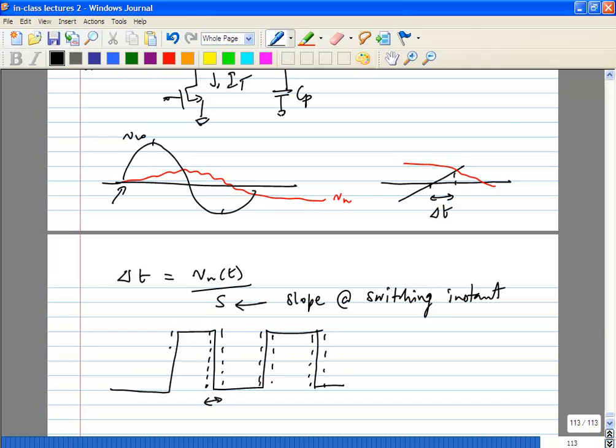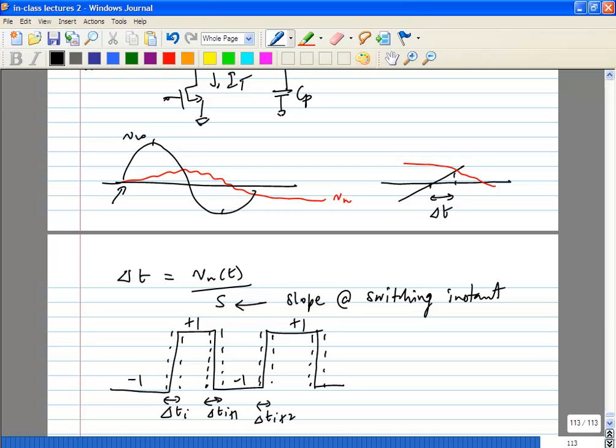We're going to have some around here also. If you're considering some ith zero crossing, it will be delta Ti, and this will be delta Ti plus 1. Depending on the actual amplitude of Vn at that zero crossing, your delta T's will be different.